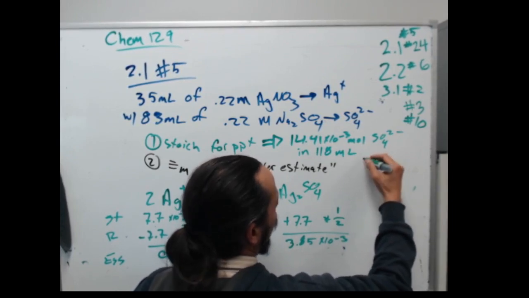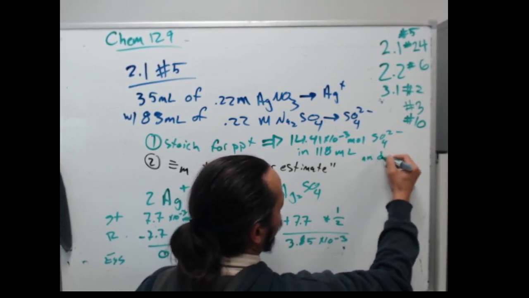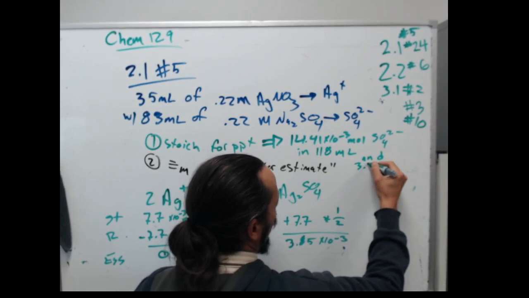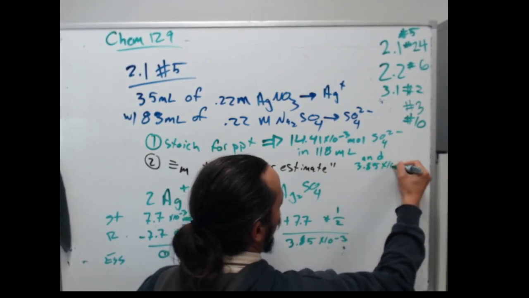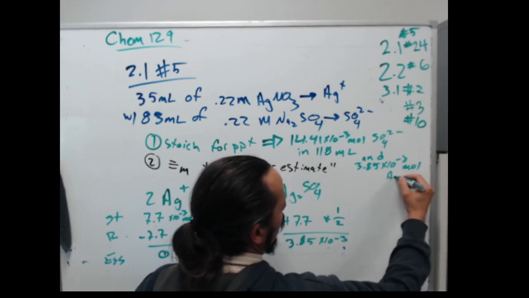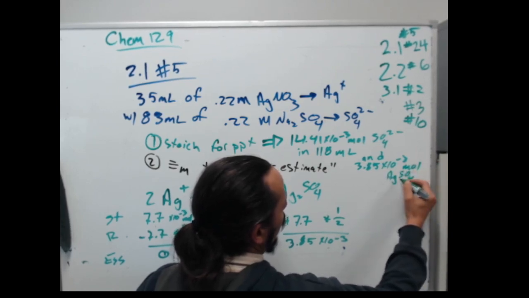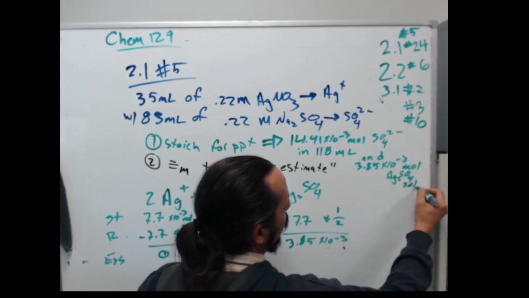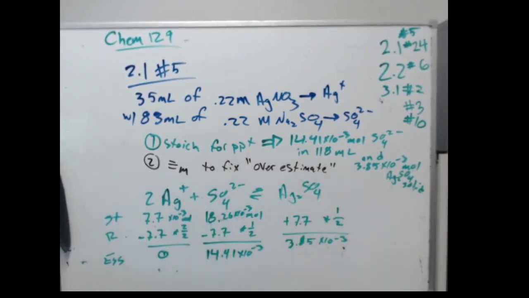And I'm also going to have 3.85 times 10 to the minus 3 moles Ag2SO4 solid. That's my important results from the stoichiometry. And I'm going to go ahead and erase the stoichiometry and do the equilibrium.